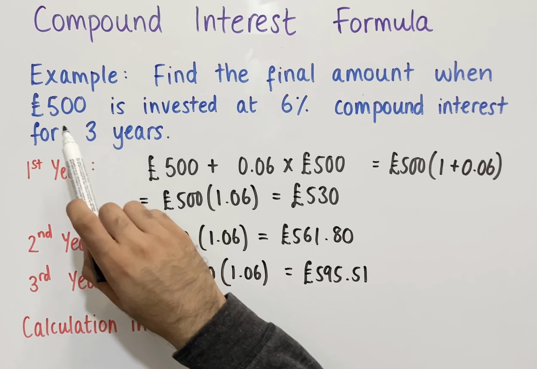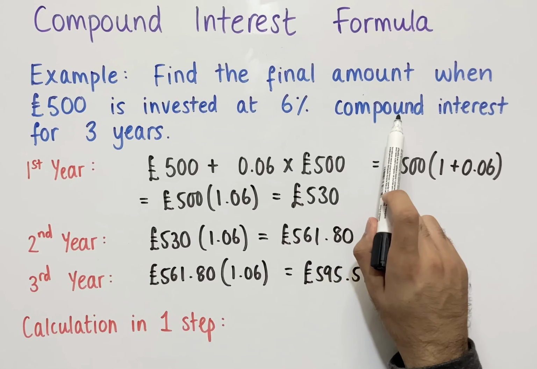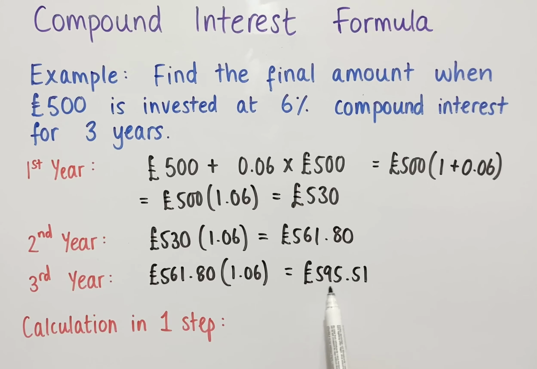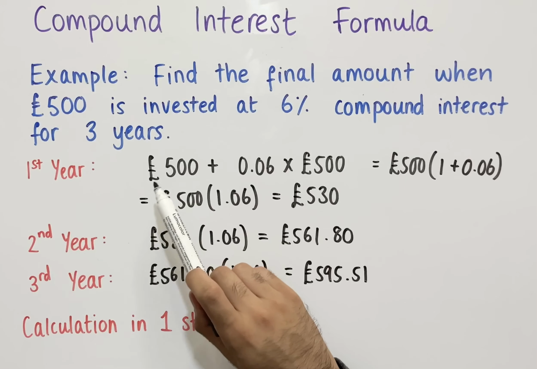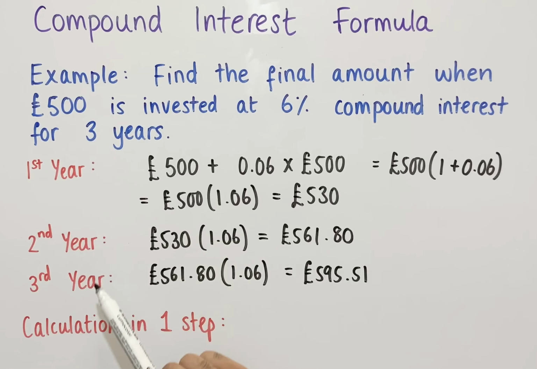So an initial investment of £500 at a 6% compound interest rate after 3 years would yield an amount of £595.51. We can do this in one calculation or one step, since what I've shown you here is how much we end up with after the first year, after the second year, and after the third year.